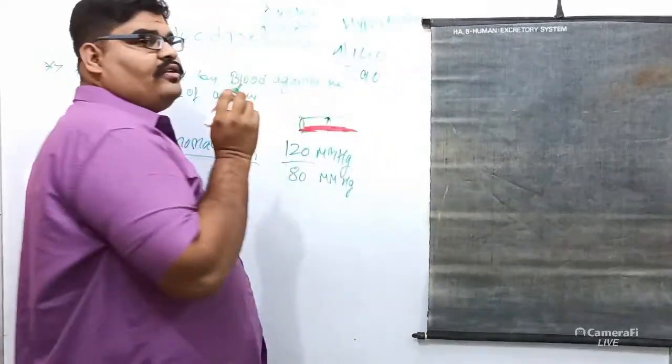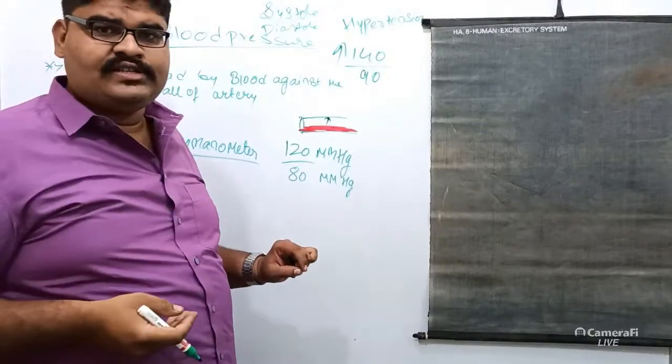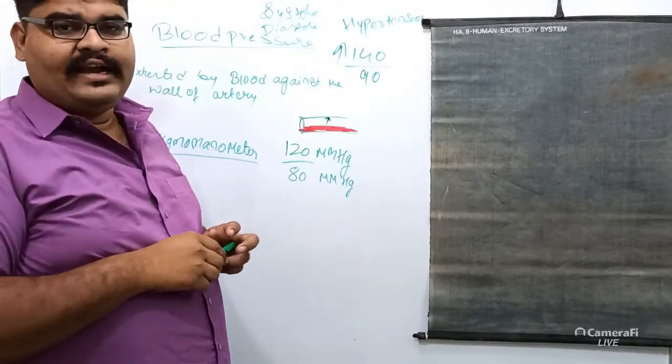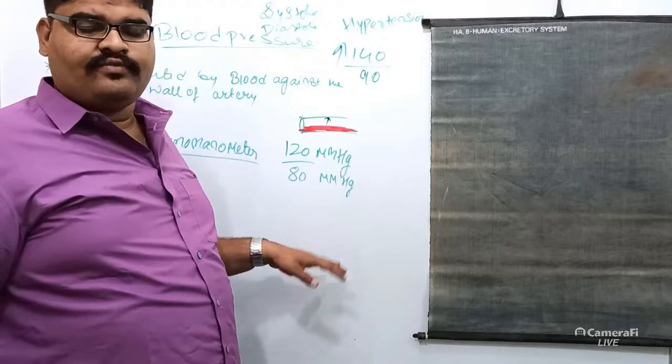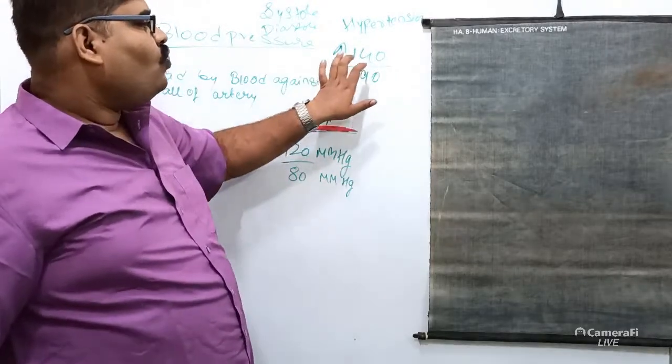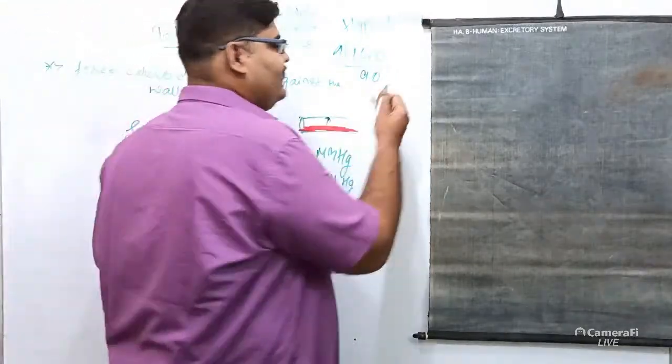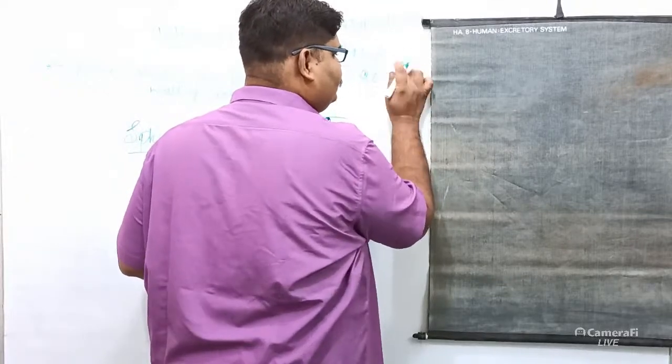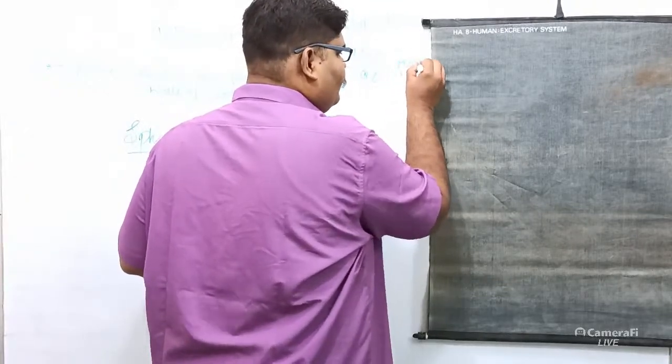So how do you define hypertension? It is a situation where the blood pressure of a human being is above 140 by 90 mmHg.